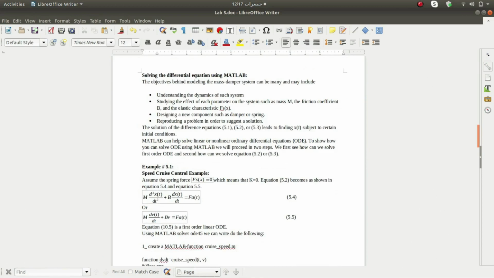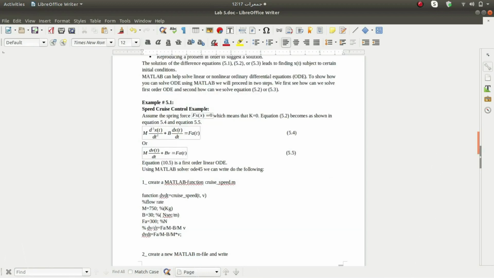So by substituting F of S equals 0, we are left with two quantities: the ma force and the frictional force are equal to the total applied force. Now we are going to solve this equation by using MATLAB code.